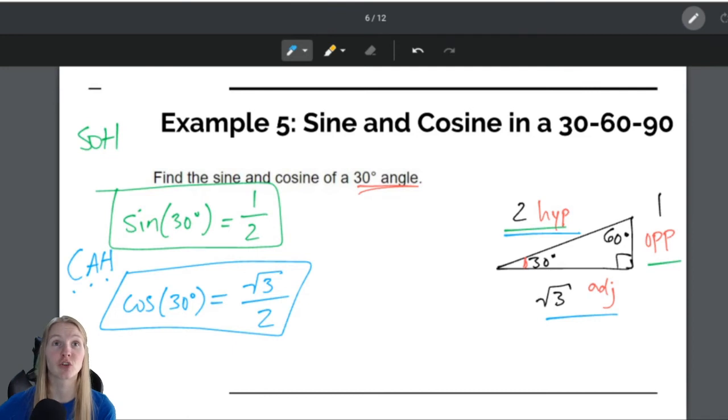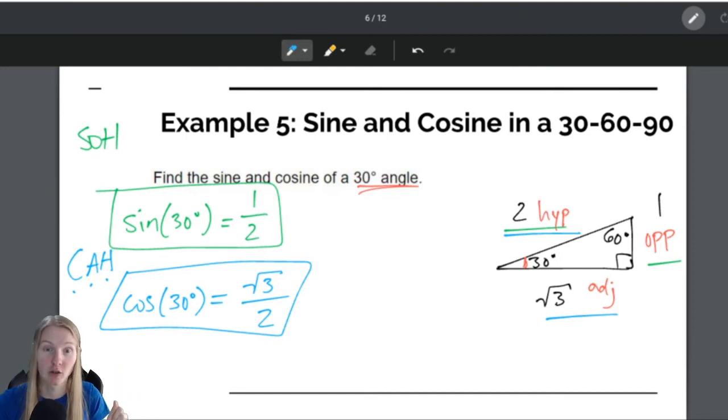You'll notice that these are not the same. Sine of 30 and cosine of 30 are not the same. That's because the legs of my triangle aren't the same. And because, remember from yesterday how we could rewrite sine and cosine in terms of one another? Sine of one angle is equal to cosine of 90 degrees minus that angle. For the 45, that worked, right? 45 plus 45 is 90. 90 minus 45 is 45.